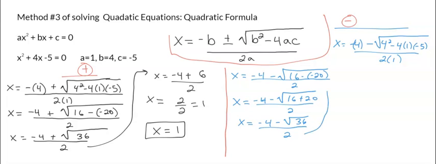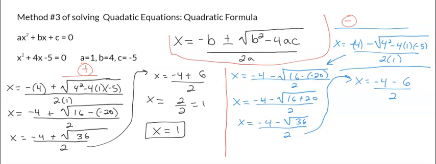And then x is equal to negative 4 minus the square root of 36, which is 6, over 2. So when you have negative 4 minus 6, that is actually keep, change, flip.